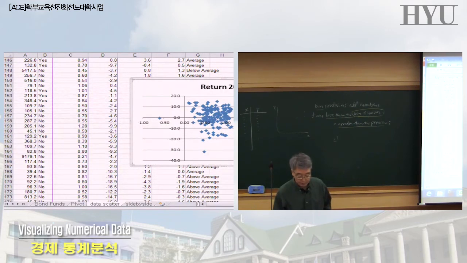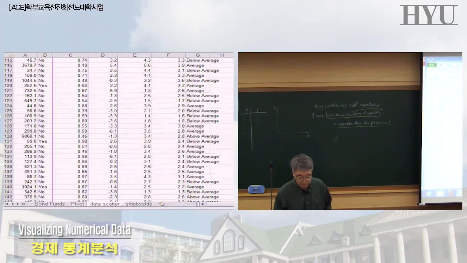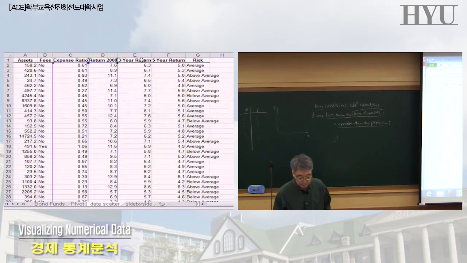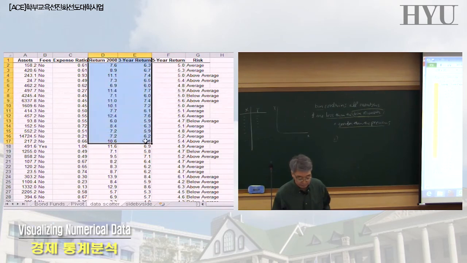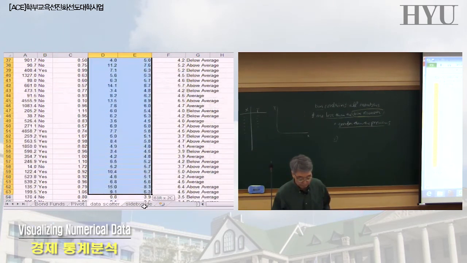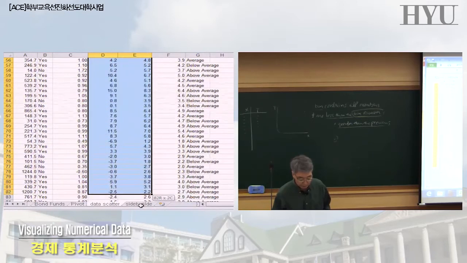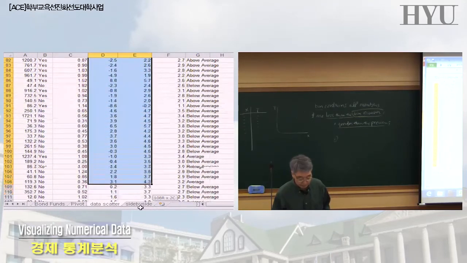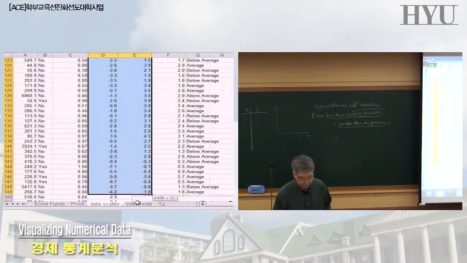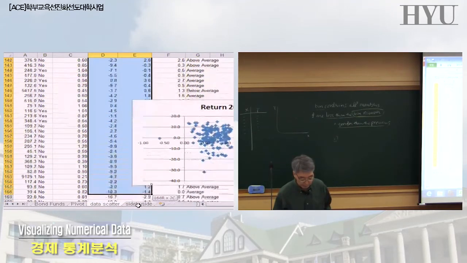Okay. How about, let's say, return 2008 and 3-year return, right? Let's try this. So the question is, if any fund had higher return in 2008, does that indicate the fund also had higher average return in the last 3 years?